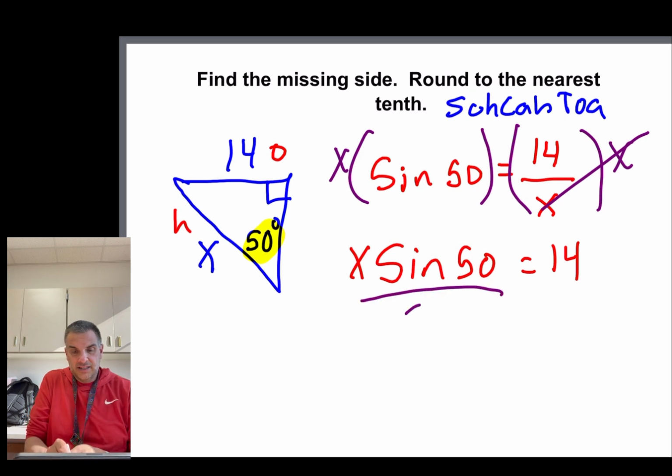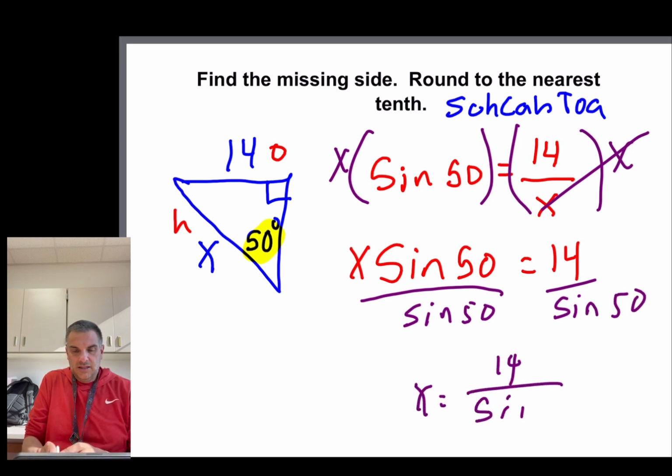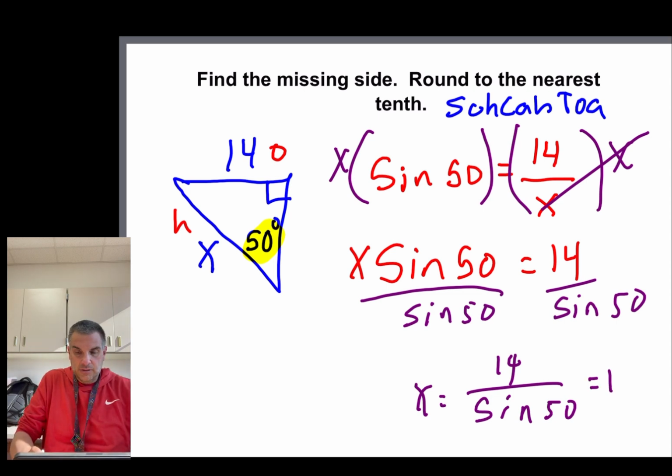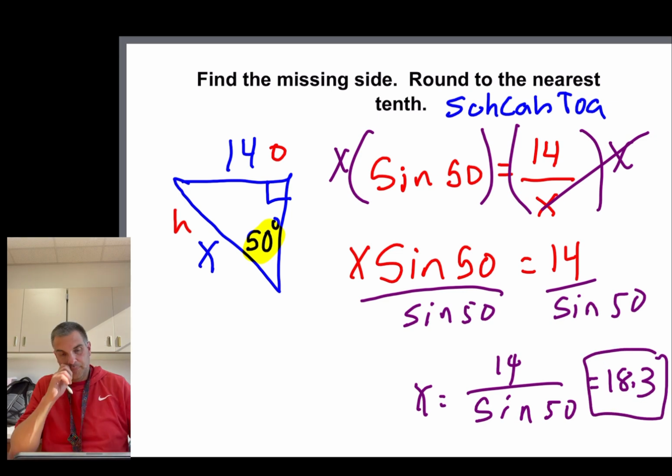Now I'm going to divide this by the sine of 50. So then x is going to equal 14 divided by the sine of 50. And that's what you're going to punch right into your calculator. You're going to go 14 divided by, just hit sine of 50, close the parentheses and hit equals, and that is equal to 18.3, and that's the length of our side.